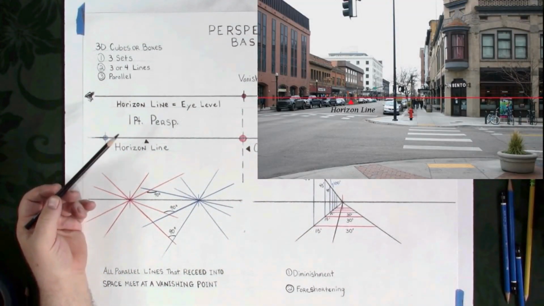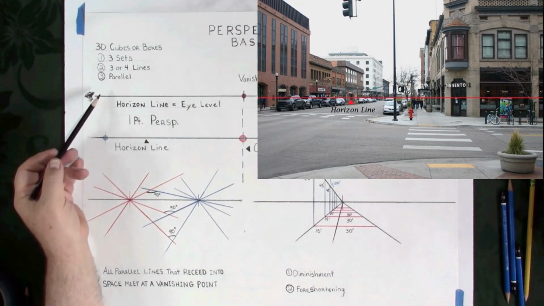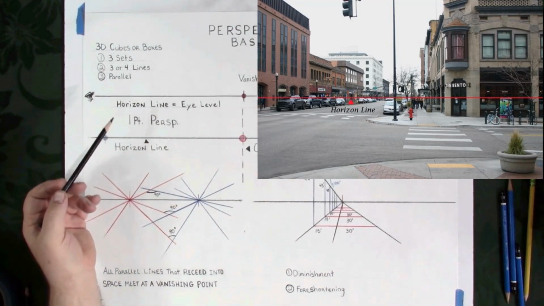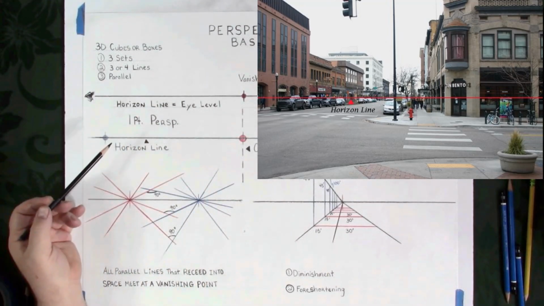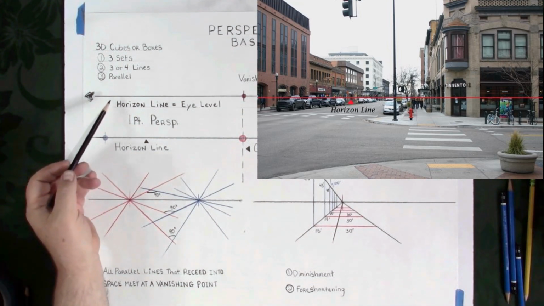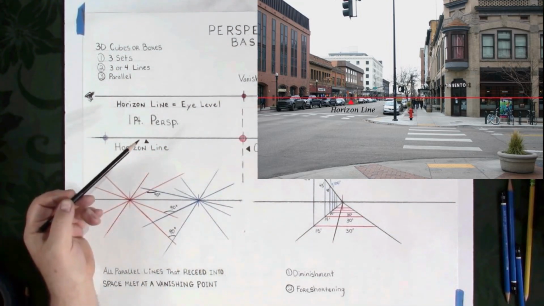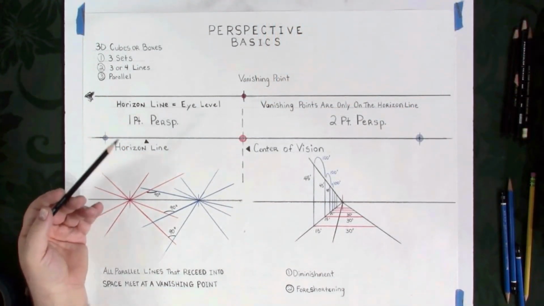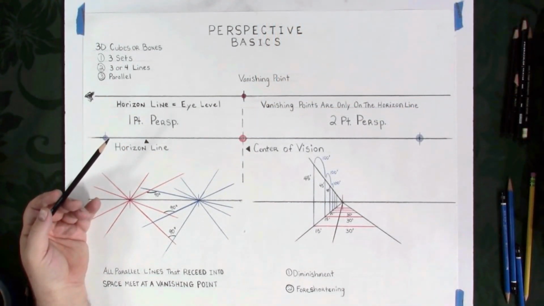And it's also what we will refer to as the eye level. So the horizon line and the eye level are the same line for 1 and 2 point perspective. Whenever we have a drawing, whether we use perspective or not, there's always an eye line. If we open our eyes, there is an eye line.